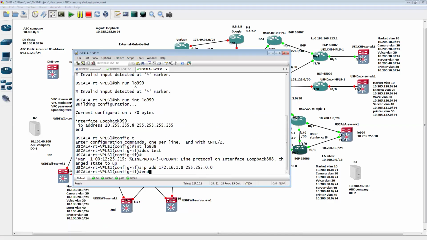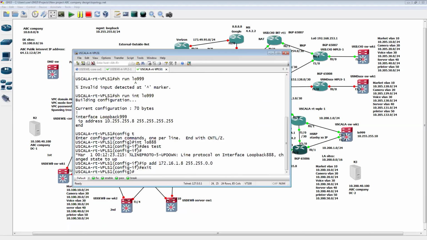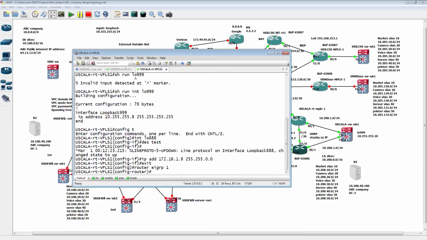So go back here, exit out first. Now we're going to say router EIGRP 1, because we need to advertise.